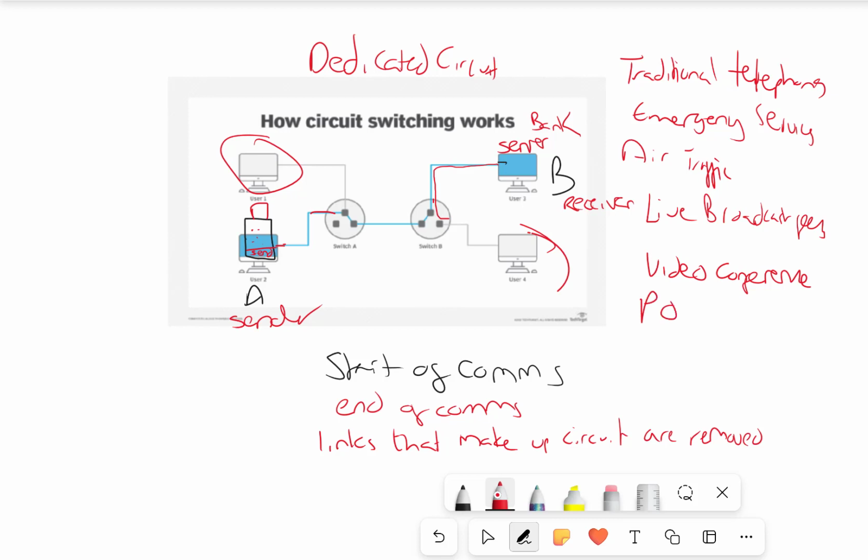You would have point of sale. So this is kind of like a point of sale system with a card, when you go to a supermarket and you pay. So all of these are examples of where circuit switching would be used.